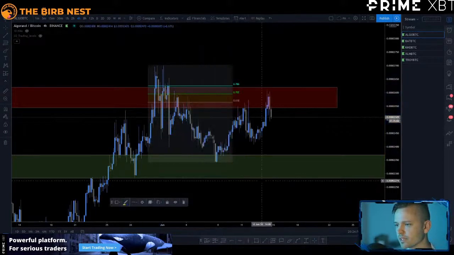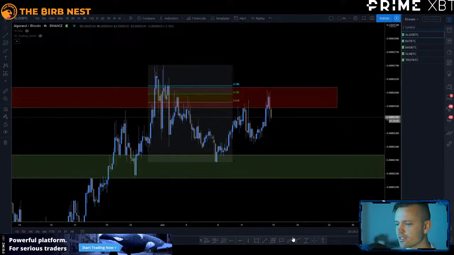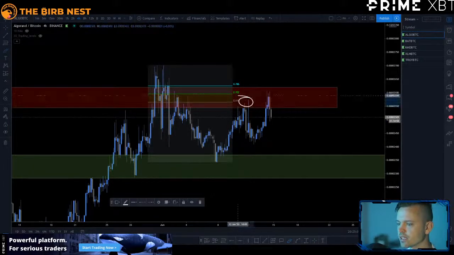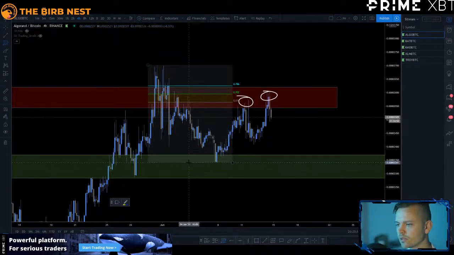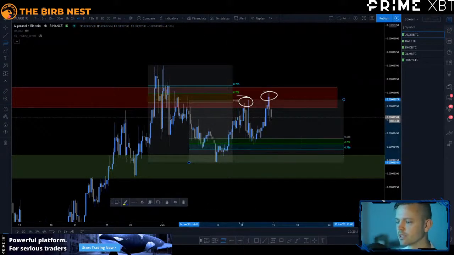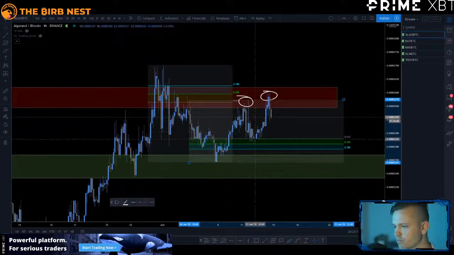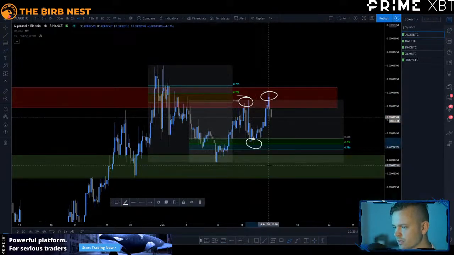You can kind of see how we touch the short RLC here and here. Now let's see if we can find the RLC of this up move. So the low to the high. Notice how we touched the long RLC perfectly here.